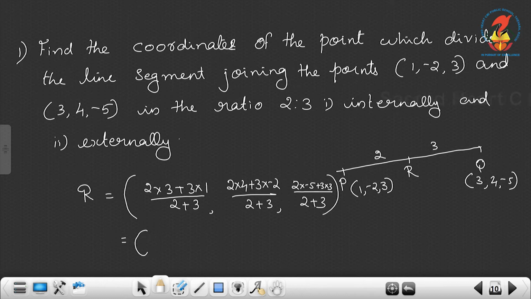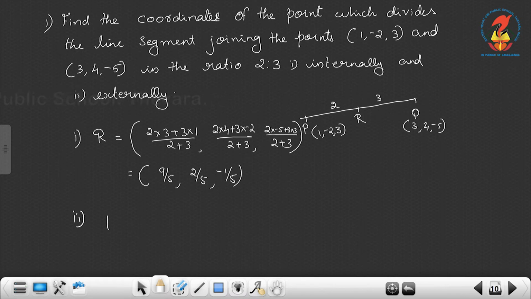So 3 2s are 6, 6 plus 3 is 9, 9 by 5; 8 minus 6 is 2, 2 by 5; minus 10 plus 9 by 5 is minus 1 by 5. Now the second case is externally. R divides PQ in the ratio 2 is to 3 externally, then the formula is 2 into 3, then put minus sign, 3 into 1 by 2 minus 3.